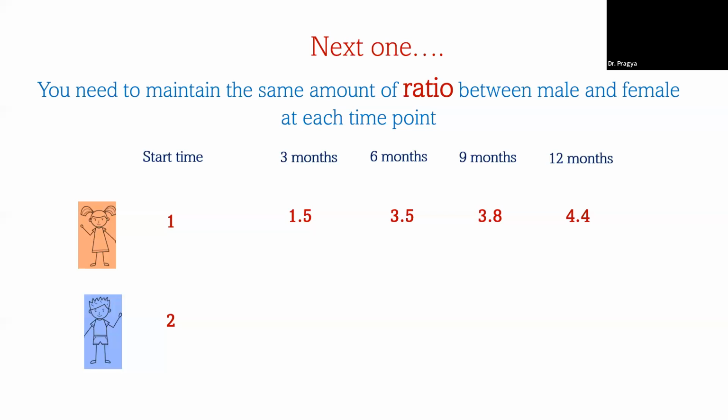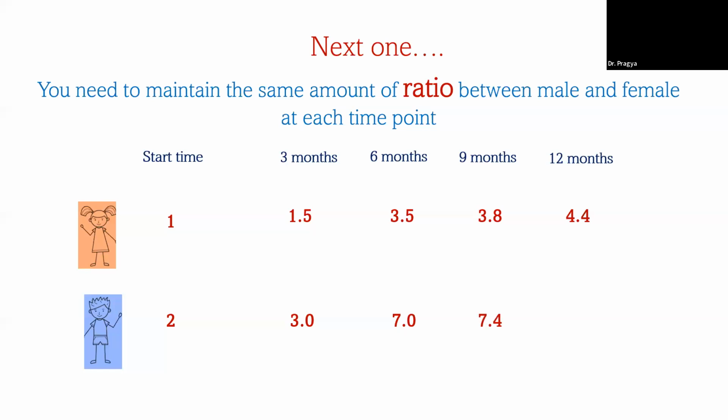Coming to the next one, the question has changed here. Now I want to maintain the same ratio between male and female. Can you do it now? At 3 months, what value should I write here? Here, instead of difference, I've written ratio. So it is 3, agreed. In case of 3.5, it will be 7, agreed.